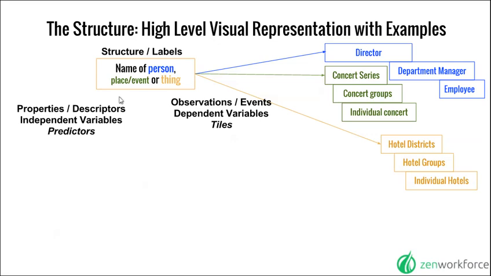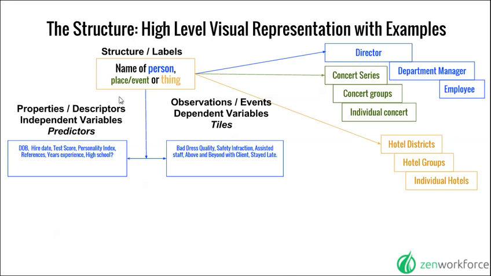So we have these predictors, which are properties of the person, place, or thing that we're using to predict an event or an observation that is also related to the person, place, or thing. Let's elaborate even further so that you can see how that might look. You might notice that we are color coding here, so it's easier to understand.